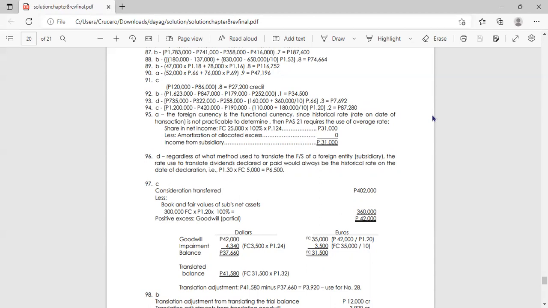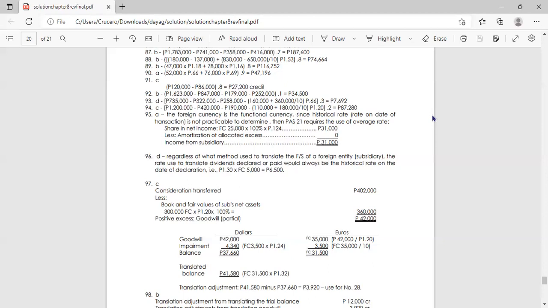Then the January 1, December 31, and average for the year exchange rates were 1.49, 1.58, and 1.53 respectively. What is the amount of purchase differential amortization recorded on the parent's financial records in the first year of ownership? So in number 88, we now have a letter B.